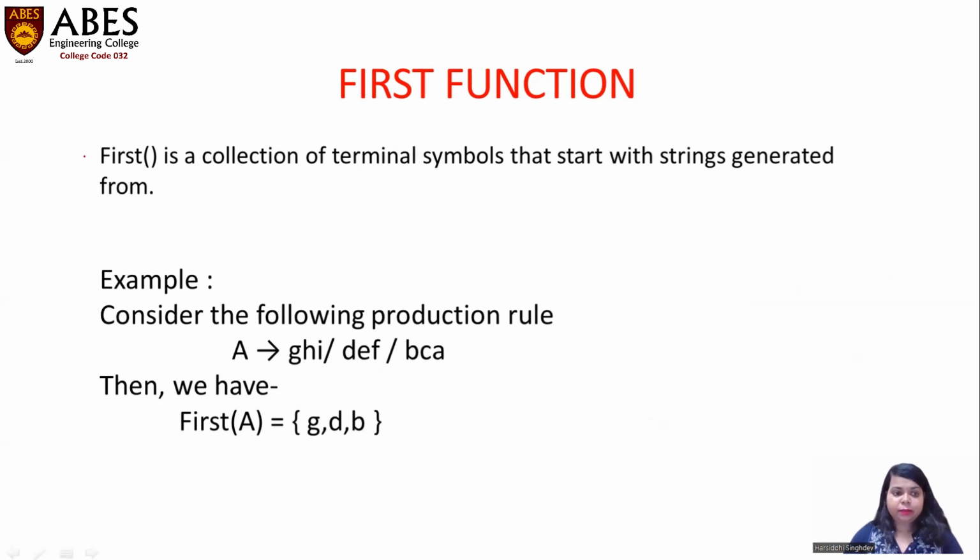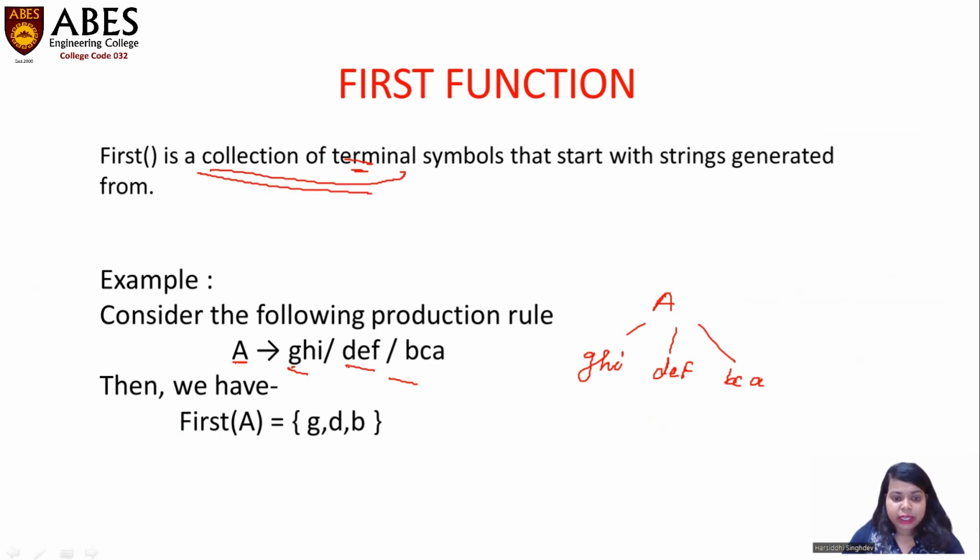For example, here is a production rule. It says A tends to some set of strings. A tends to either GHI, DEF, or BCA. Here we can see that first is a collection of terminal symbols. What are the terminal symbols? Those that start the strings generated from it, that is G, D and B. The starting symbols are the terminals of the strings.